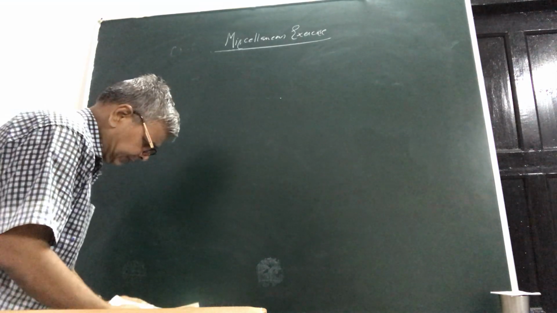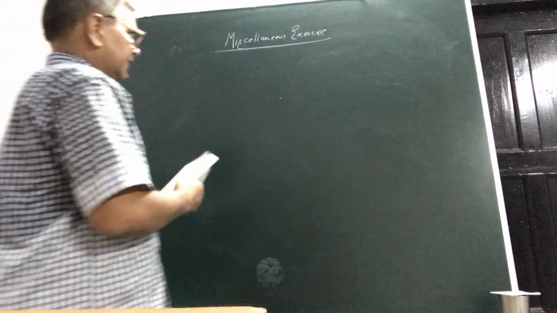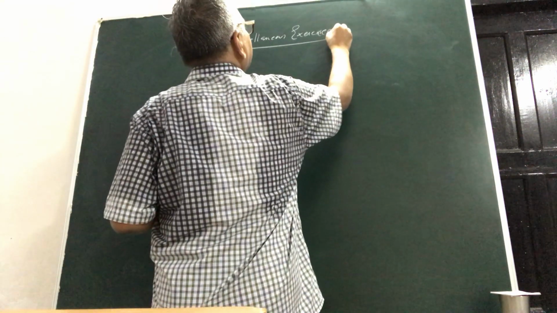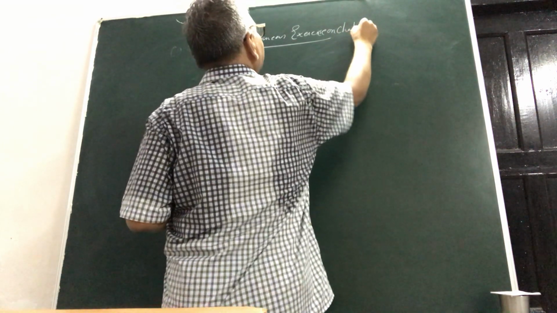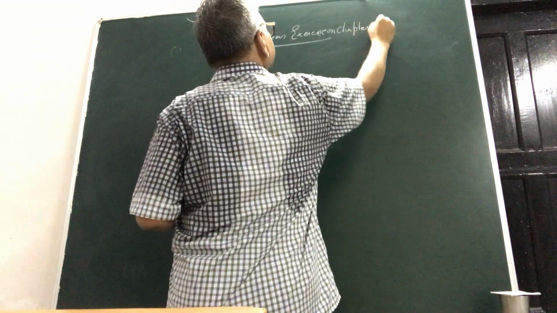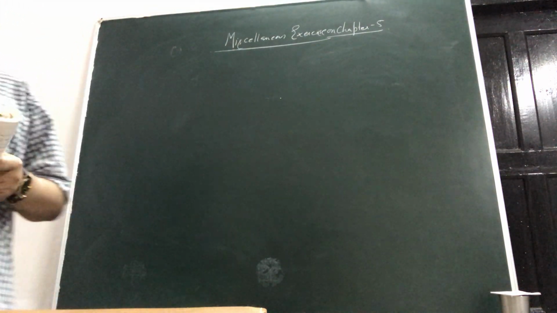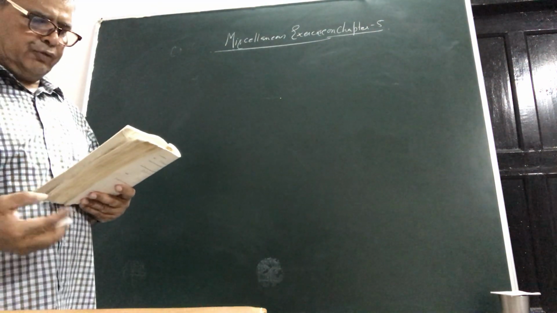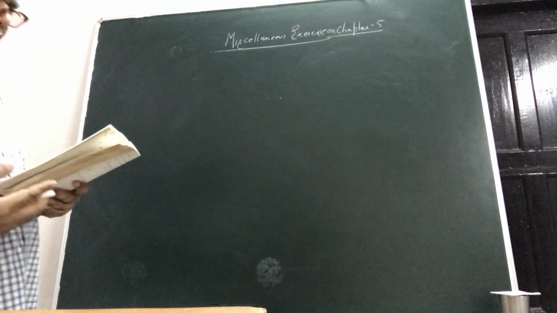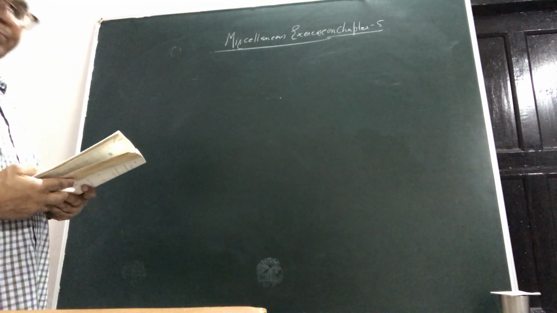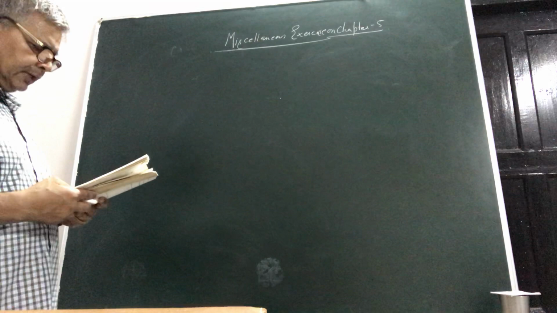Please open your miscellaneous exercise on chapter 5. Once we finish it, then this entire chapter will be finished. I will be taking only the good ones. I won't be taking all the questions because we have done it, but in case you want, you can ask.